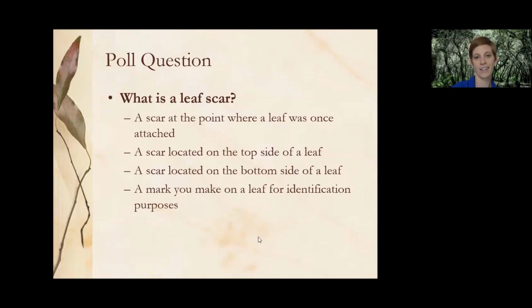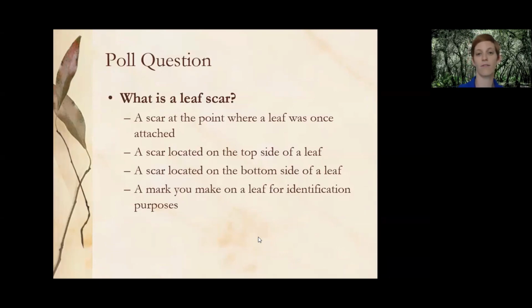All right, we're going to talk about leaf scars next, but first I want to see if you know what they are. So I'm pulling up poll question 3. What is a leaf scar? Is it a scar at the point where a leaf was once attached? A scar on the top side of the leaf? A scar on the bottom side of the leaf?